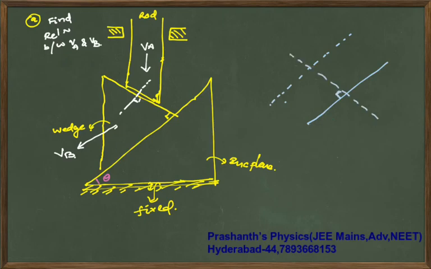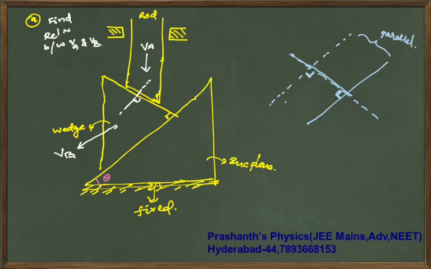This angle is clearly mentioned in the question as 90 degrees, so automatically this is 90 degrees to this surface. To this surface, if it is 90 degrees, these two will be parallel: the common normal and this line.